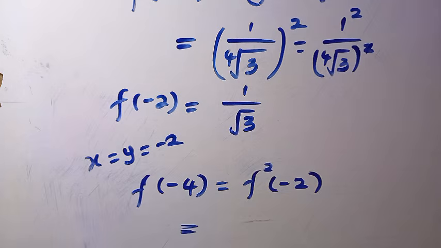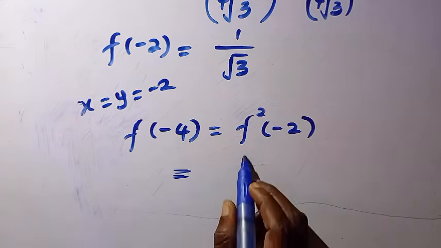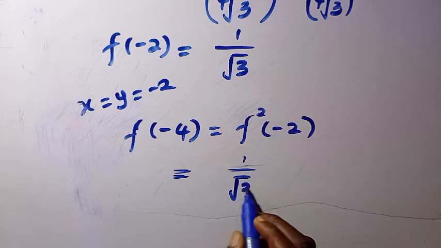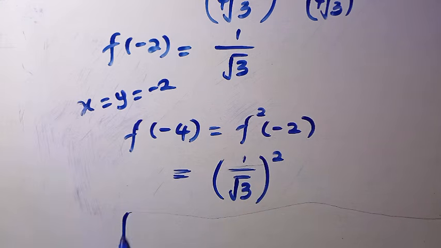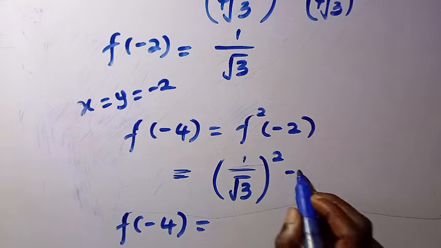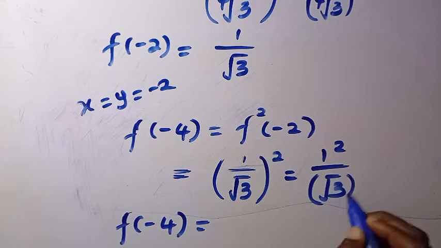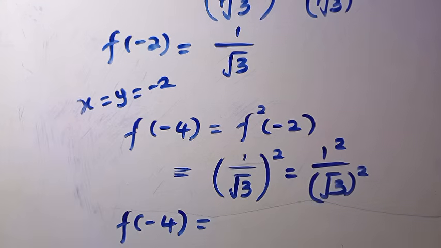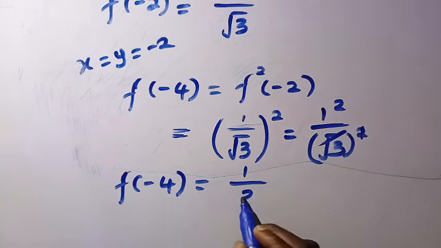And with this, we have f of minus 4 equals f of minus 2, which is given as 1 over the square root of 3, then all raised to the power of 2. Therefore, for f of minus 4, this gives us 1 squared over the root 3 also squared. So 1 squared is 1, over the square and square root cancelled, and this gives us 3.